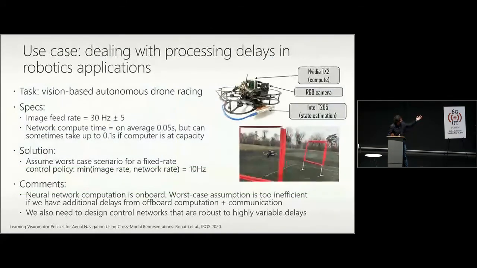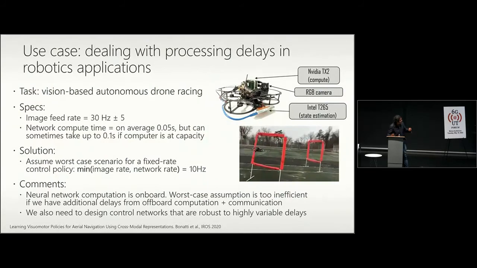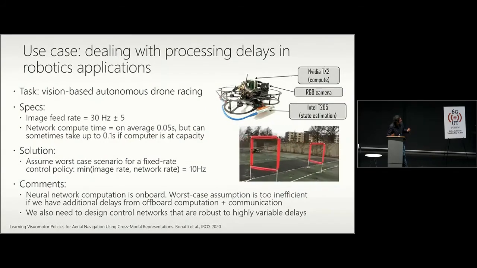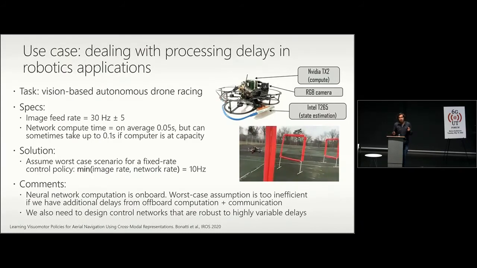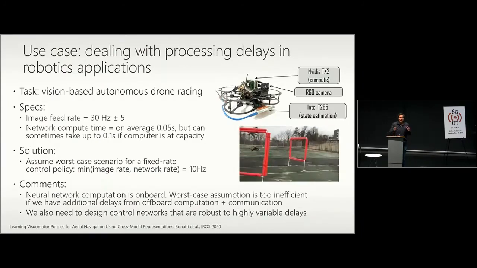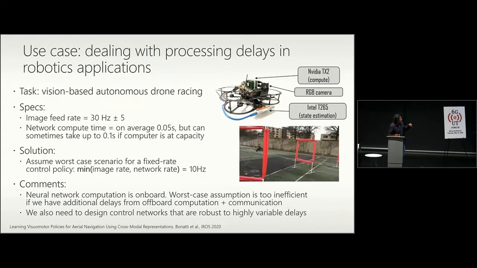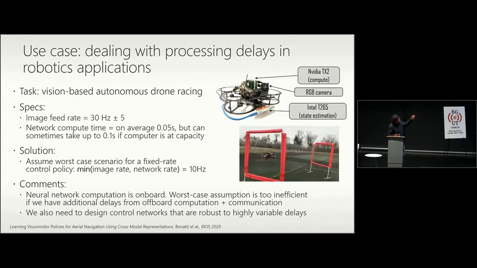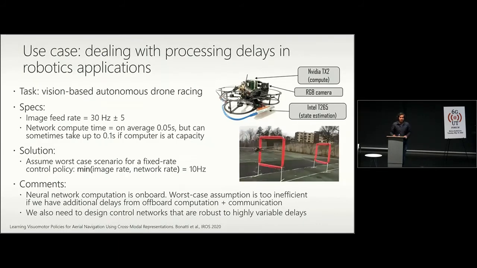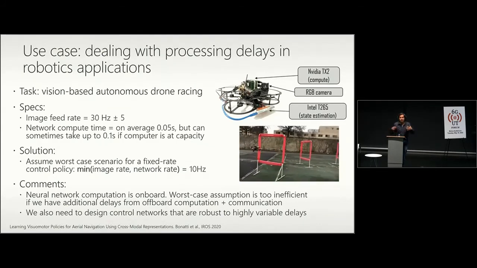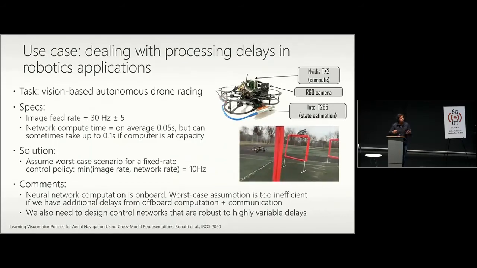So for instance, this is the racing drone that we had created. And in this case, one thing that we realized is that even when everything is on board, the frame latency is actually quite high. For instance, the image feed rate from a camera is usually 30 hertz, but because of various computation overheads, that changes.